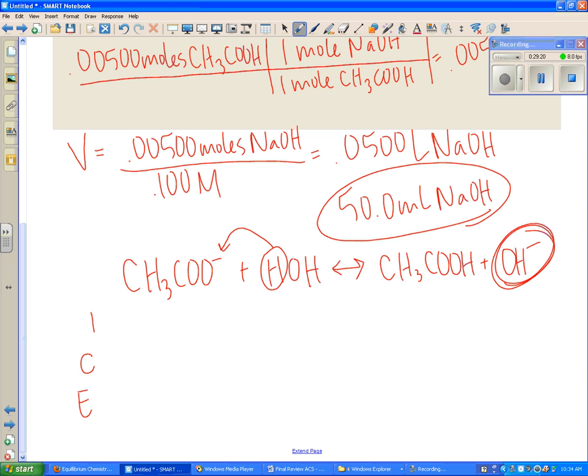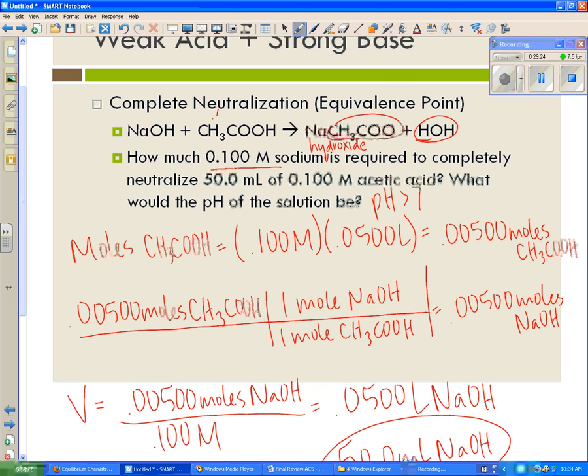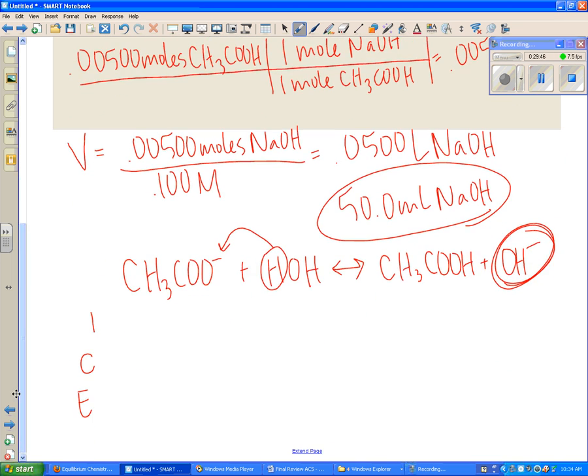If 0.00500 moles of acetic acid is reacted, because this is a complete neutralization, won't an equal number of moles of the acetate ion form because it's a 1-to-1 ratio? So at the point of complete neutralization, I will have 0.00500 moles of the acetate ion.